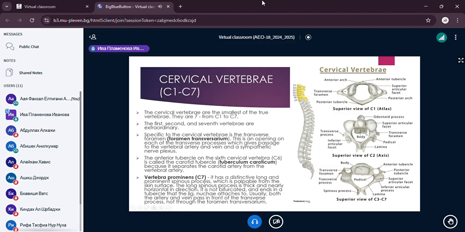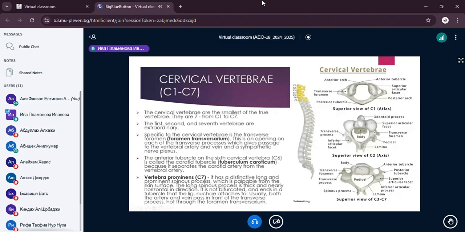For C2, we have body, that's the superior view. That's the body, which continues upwards to the odontoid process, or in Latin is called dens axis. Here we have superior articular surfaces for C1 again, transverse processes with transverse foramen, and inferior articular facets for C3.